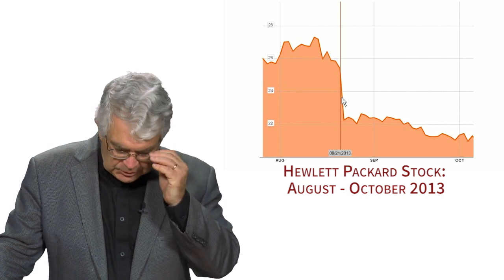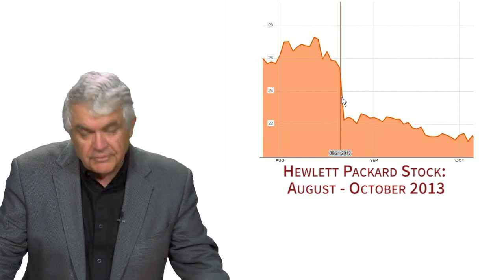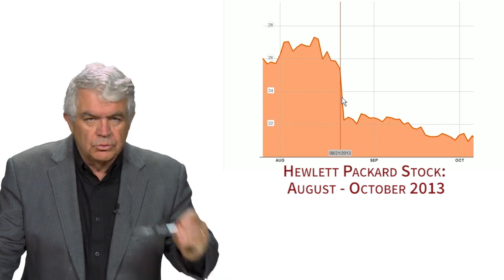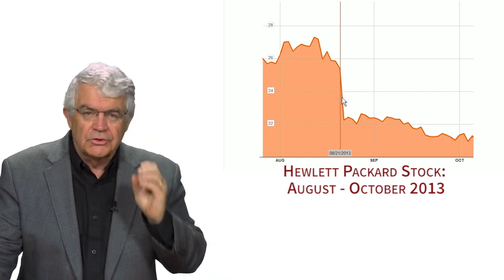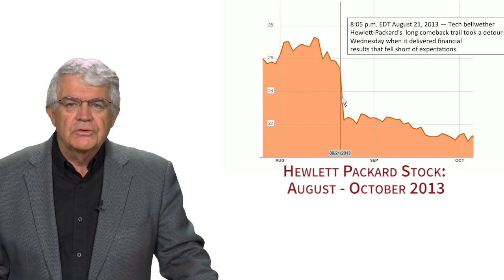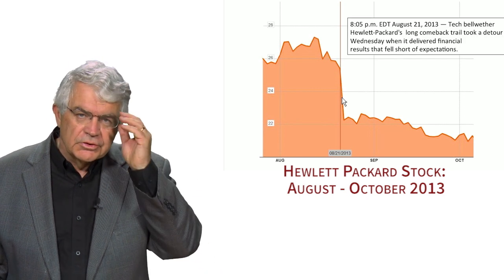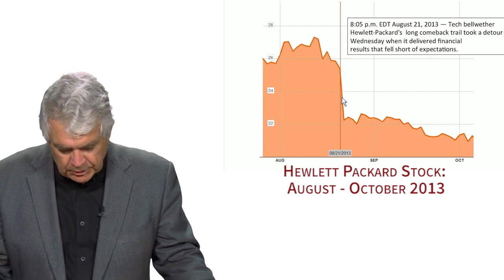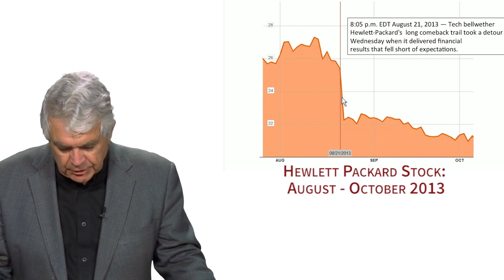That date is marked to be August 21st, 2013, if you look carefully at the chart. So what do you think happened to make that change? Well, it turns out that's the time that Hewlett-Packard announced the change in its earnings. And this is a news report issued as the markets closed on the 21st of August.